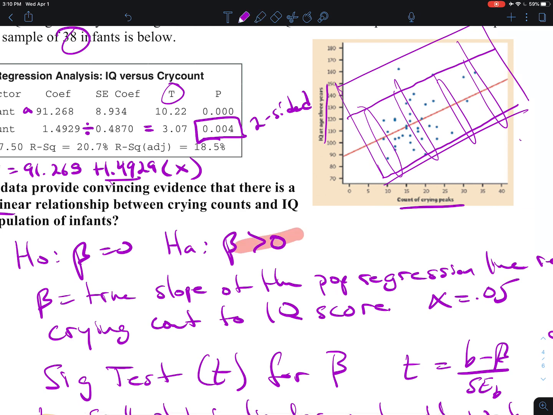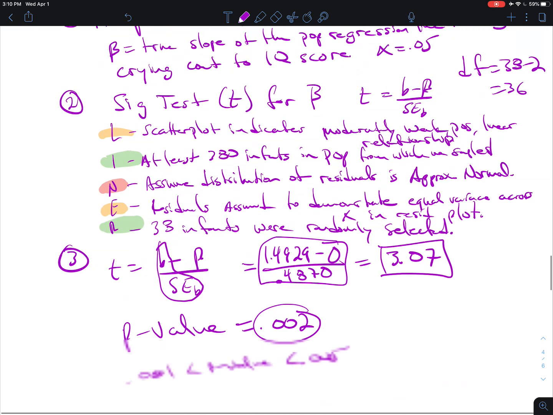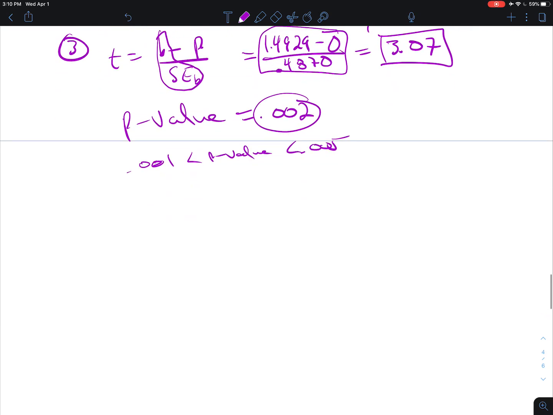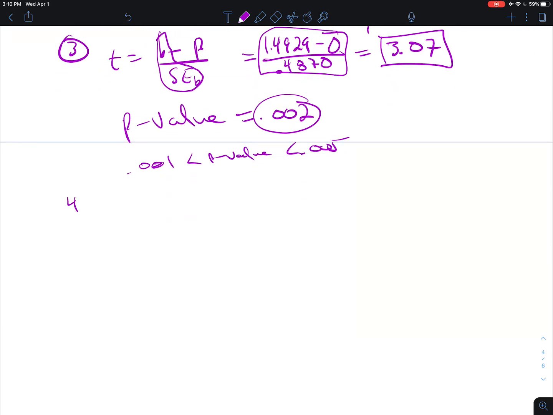So even though my computer output gives me the p-value on two sides, which is 0.004, I'm only concerned with the right tail part of it. So that's why it's 0.002. Make sure you're comfortable with that. If you're doing a one-sided test, you have to cut it in half because you only care about the one side.